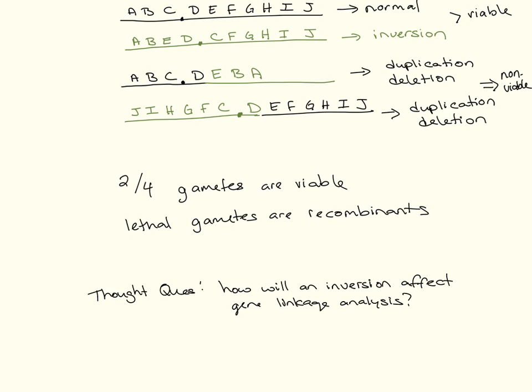And I want you to think about this for genes. Let's say you were looking at the linkage of 2 genes within an inversion, or 2 genes on either side of an inversion. And how would this inversion affect your gene linkage and your ability to map those genes onto a chromosome?